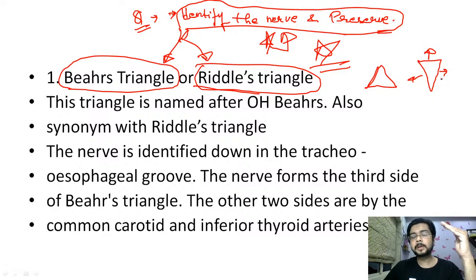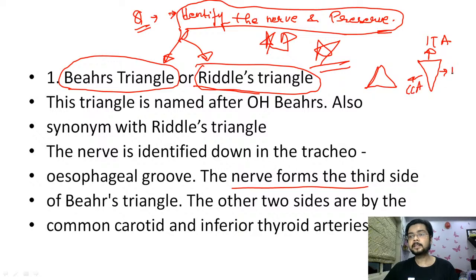So what is the medial boundary? In Beahrs' triangle, the nerve itself, that is the recurrent laryngeal nerve itself, forms the medial boundary. The other two sides are formed by the inferior thyroid artery and the common carotid artery.